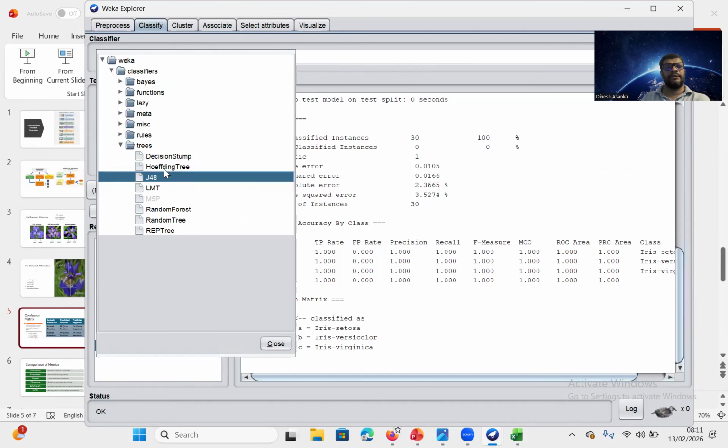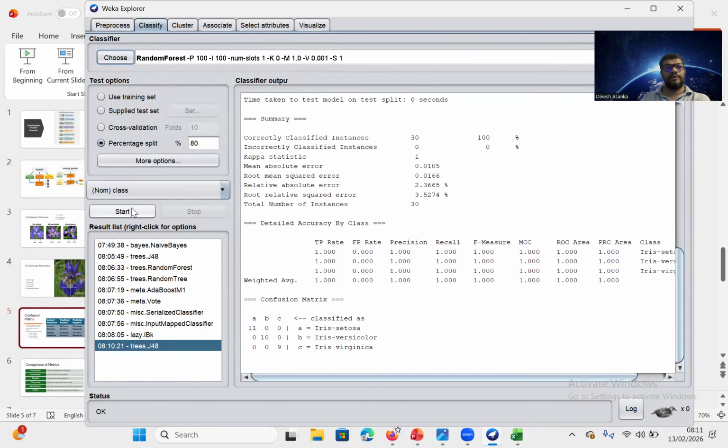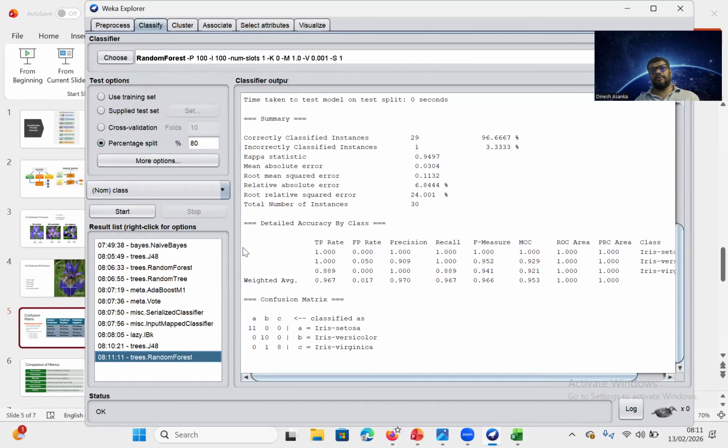Let me choose a different algorithm just to see. Okay. So it's almost 100%, 97% accuracy, and we have one incorrectly labeled or predicted instance. If you look at this one, it means it is actually a virginica and predicted as versicolor, which is B. Right?